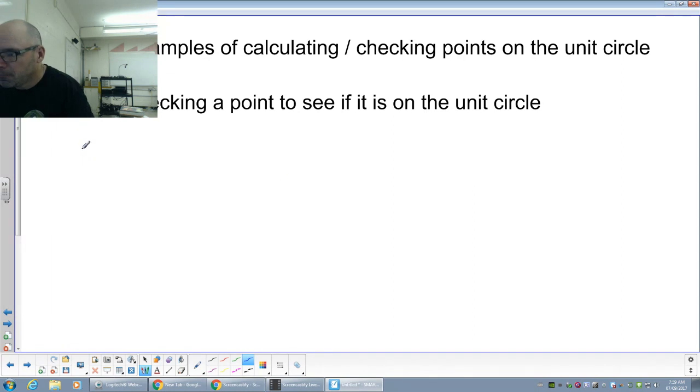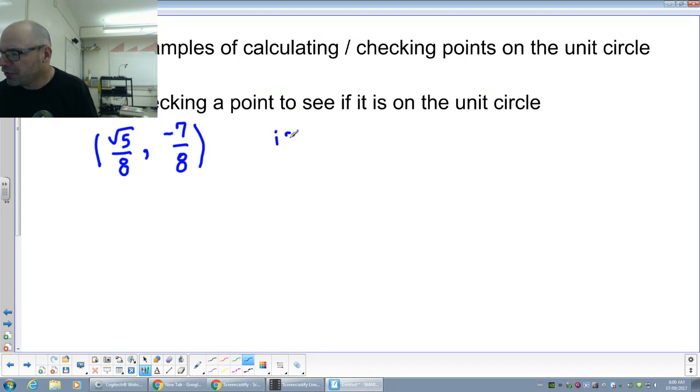There we go. So let's say that my point is root 5 over 8 for the x point, comma, for the y point, we'll say it's negative 7 over 8. Okay, and we'll say, is this on the unit circle?